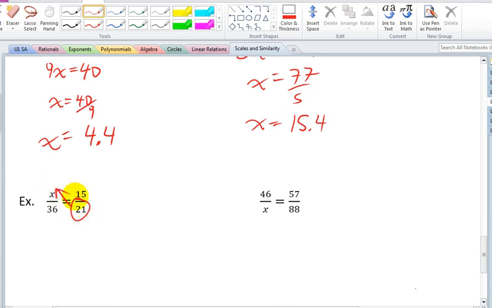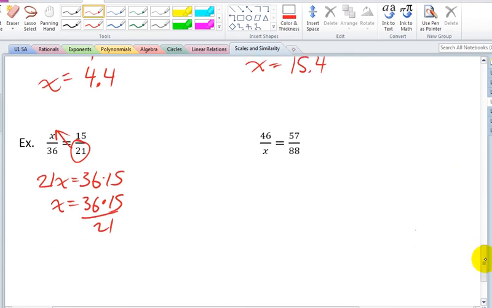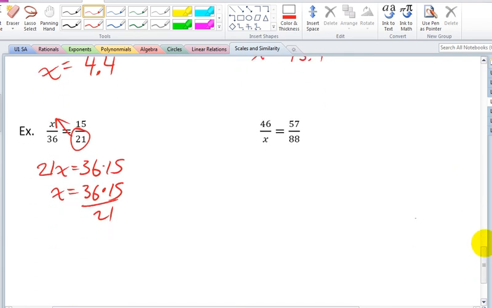Now, when x is on the top for this next one, you don't need to bring the 21 up and multiply it. Because if we got 21x equals 36 times 15, well, the next step is to bring it back down and divide by 21. So you don't need to move the 21. You're welcome to. You'll never get it wrong, ever.